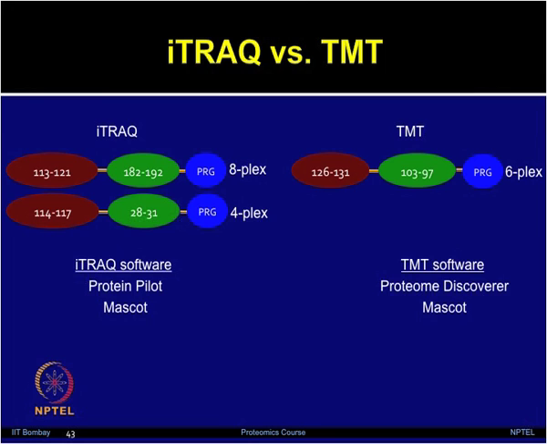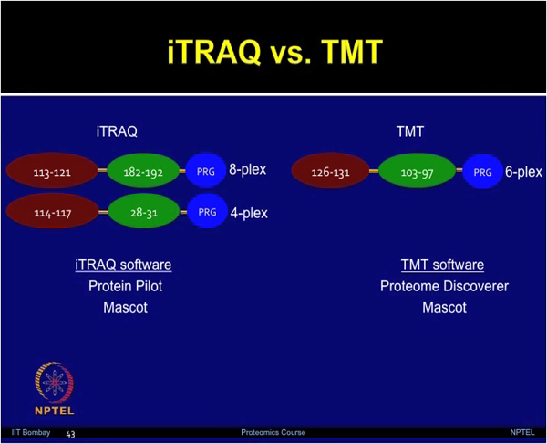Now, in iTRAQ, the reporter in the 4-plex is from 114 to 117 Dalton. The balancer is between 28 to 31 Dalton, whereas in 8-plex the reporter is from 113 to 121 and the balancer is from 182 to 192.